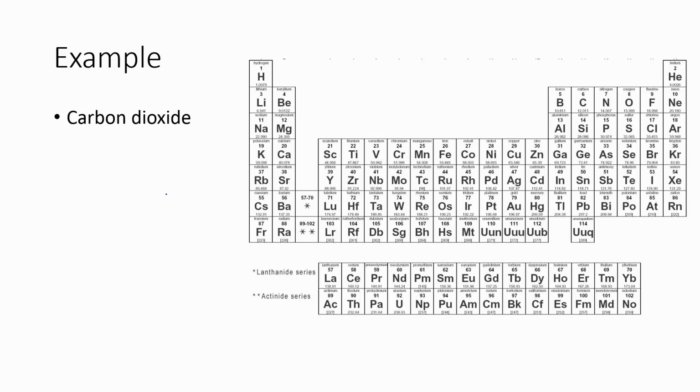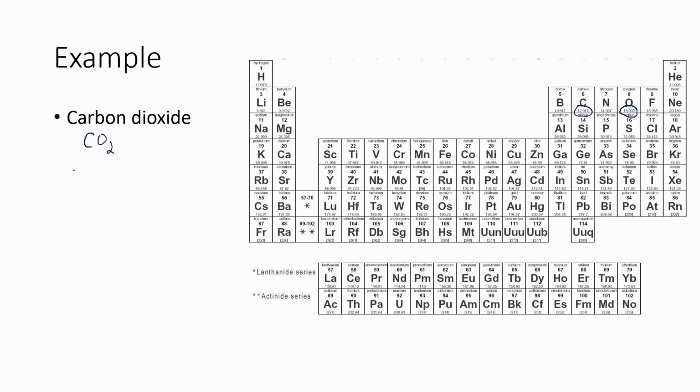So let's look at this. For example, if we were looking at carbon dioxide, which we now know how to translate into CO2, we can just look up the weights under carbon and under oxygen on the periodic table, and we can add these up.